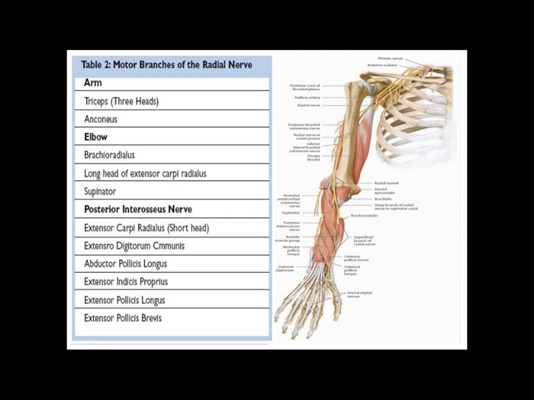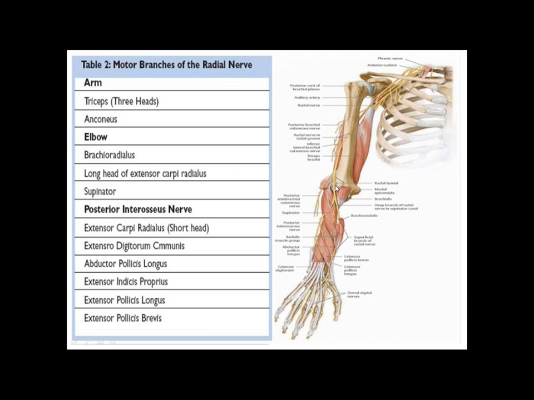So it comes very close to the humerus at that point. Whenever you get a fracture of the shaft of the humerus, there is a chance of injury of the radial nerve. And after coursing behind the back of the humerus, it comes quite anterior to the humerus, especially in the lower segment, and then it runs through the extensor surface of the forearm, ending in the hand.